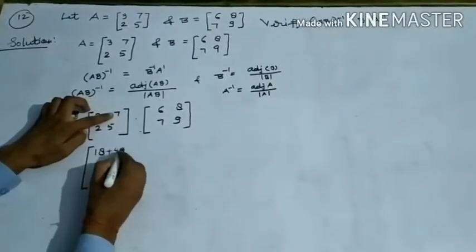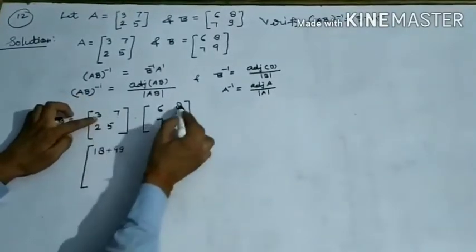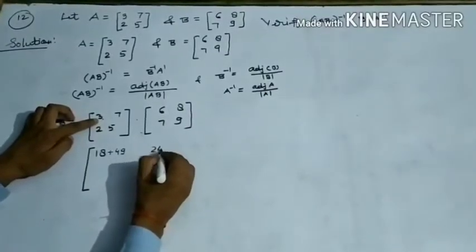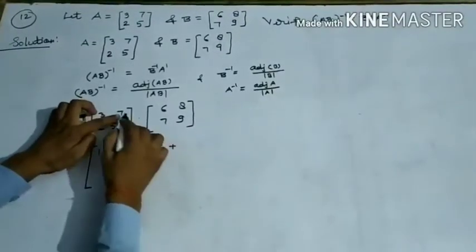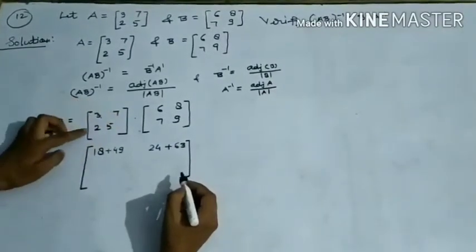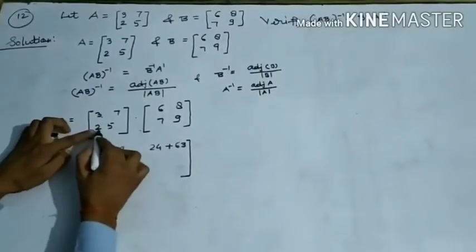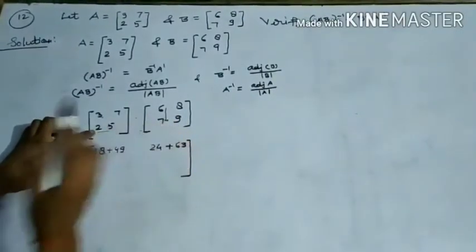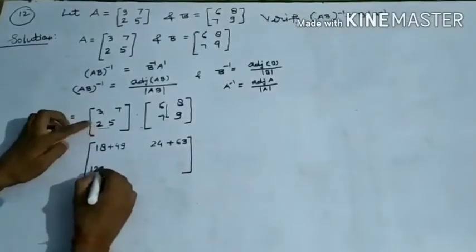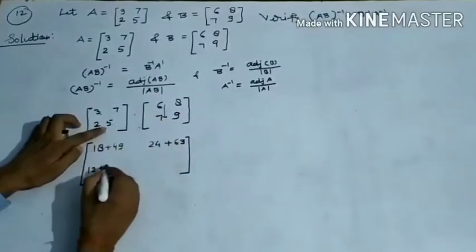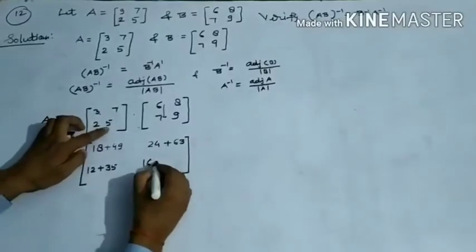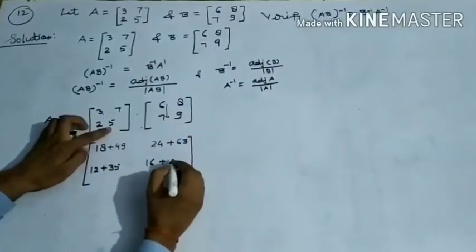This is the first row, first column. Then first row, second column, 3 into 8 is 24, and 7 into 9 is 63. After that, second row, first column: 2 into 6 means 12, and 5 into 7 is 35. Then 2 into 8 is 16, and 5 into 9 is 45.